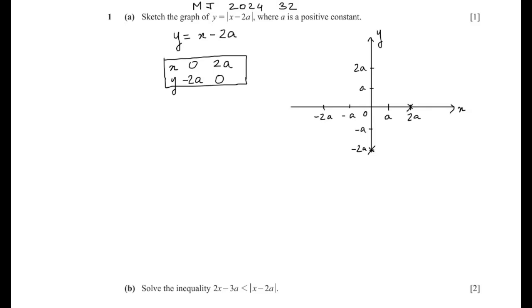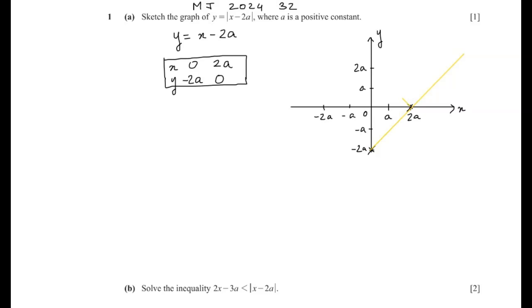I'm going to join these using a construction line, which I'm showing in yellow. Extending it, remember modulus function is always above the x-axis, and then I'm going to complete my V shape. So since it passes through minus 2a here, if I reflect it above the x-axis, it's going to pass through plus 2a.